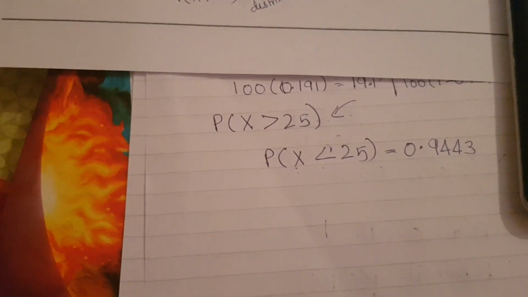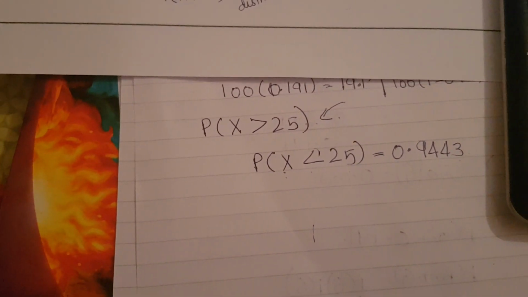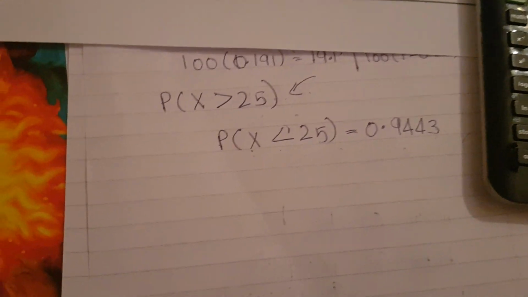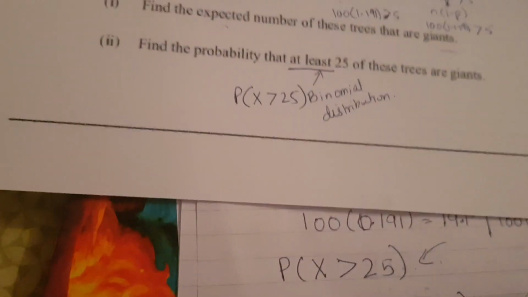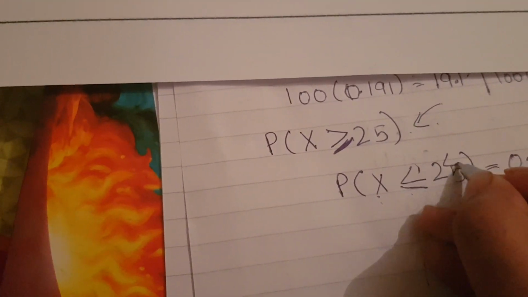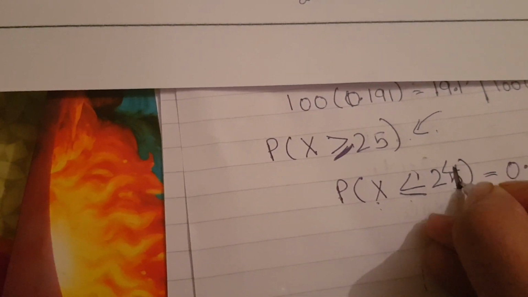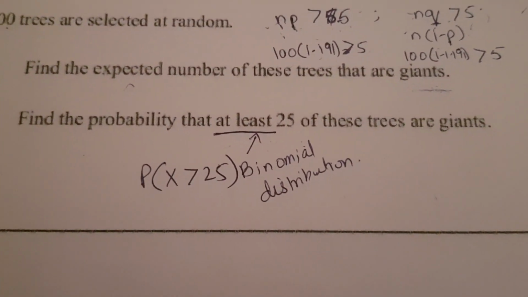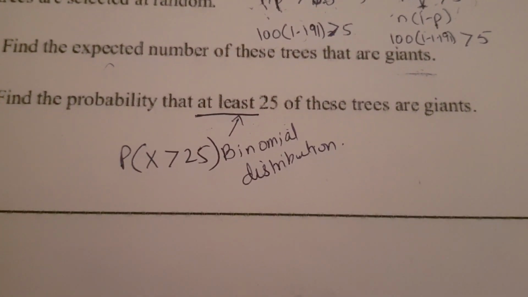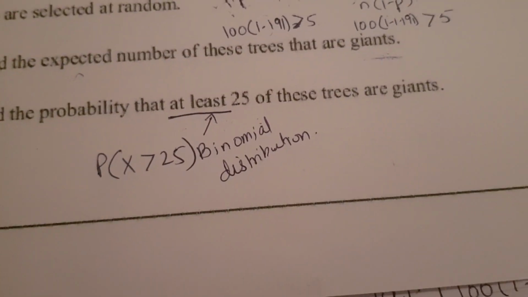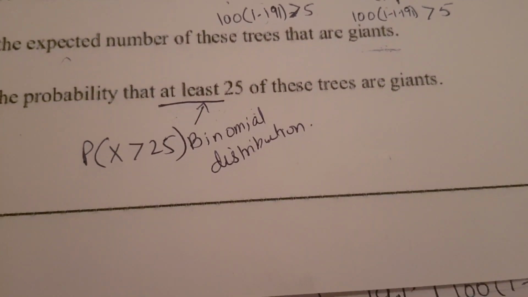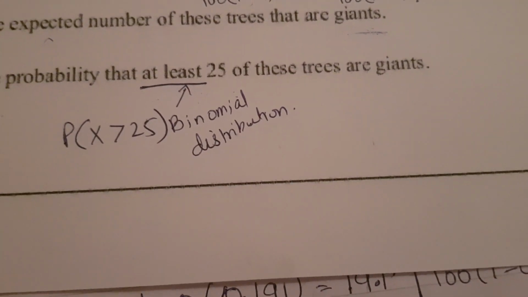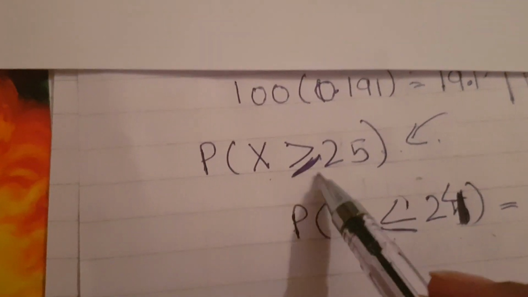Why am I writing like this? It was "at least". So I will write 24. In the calculator, you have to change it to 24. Let me explain why I've done this. In the question, it was: find the probability that at least 25 of these trees are giants. So in "at least", it's not x greater than 25, it is x greater than or equal to 25.